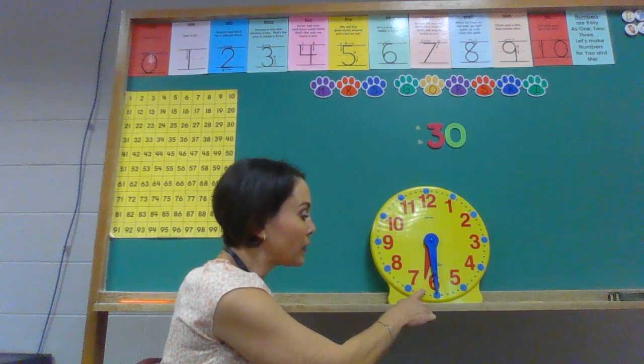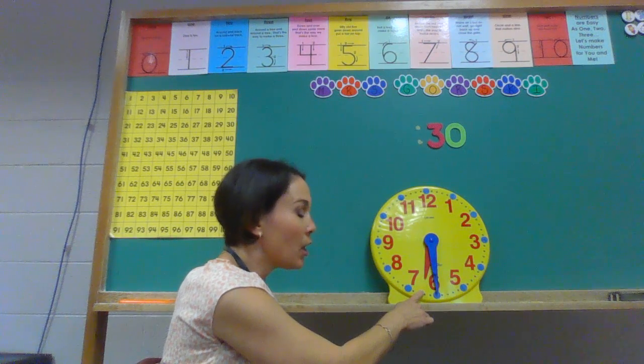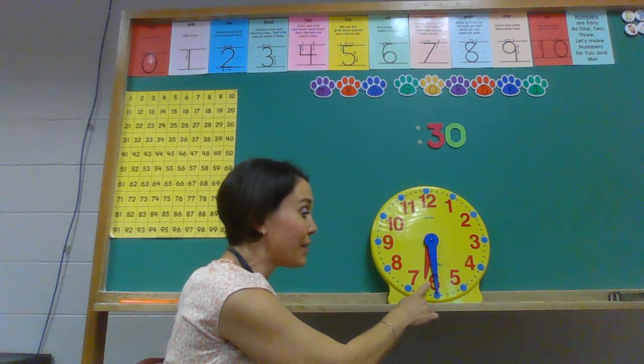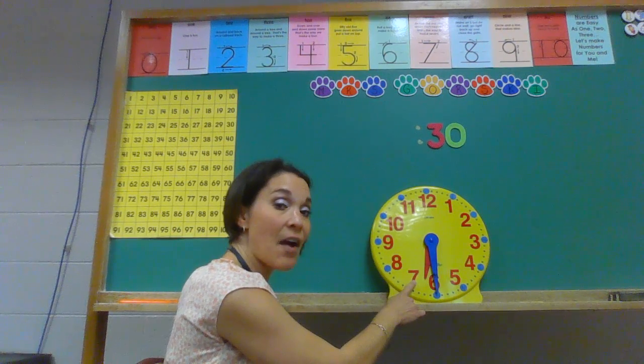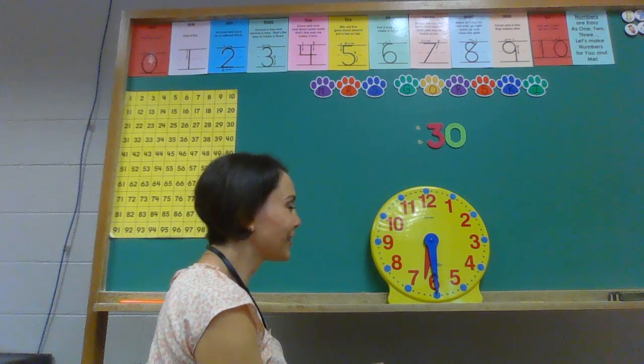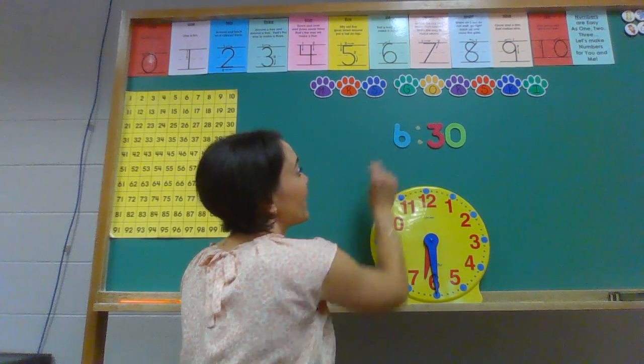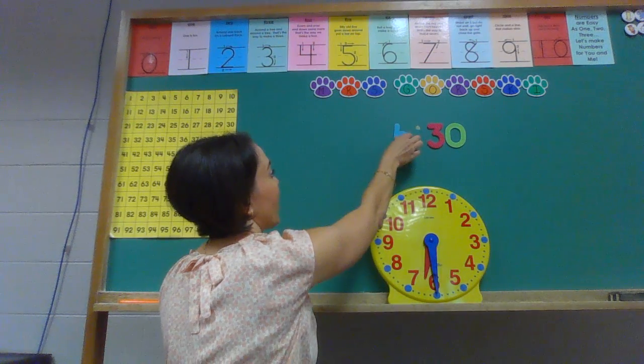So if my hour hand is pointed here, which one would be the hour before? Would it be the 6 or the 7? I'll give you a second to figure that out. If you said 6, you are right. We would say 6:30. We could also say half past 6. That's another way that we can say that.